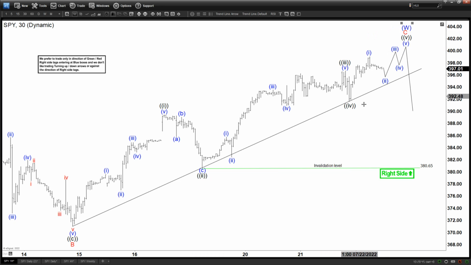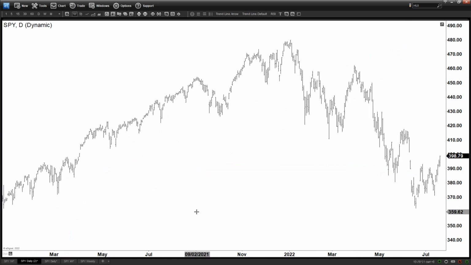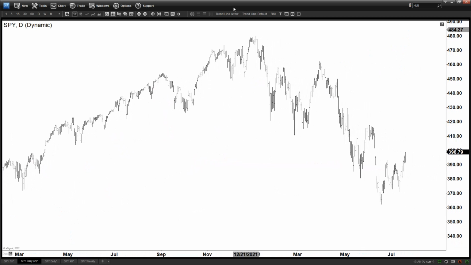Now let's zoom out and take a look at the larger degree. If I zoom out on the daily, we can see a couple of things here. This is the peak in the SPY in January, right? So we can clearly see from here, we got this 1, we got this 2, and maybe it's a 3, 4, 5. Either it's a 3, 4, 5, or this can be considered the same cycle.